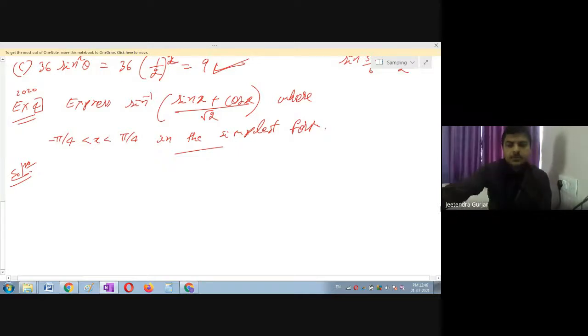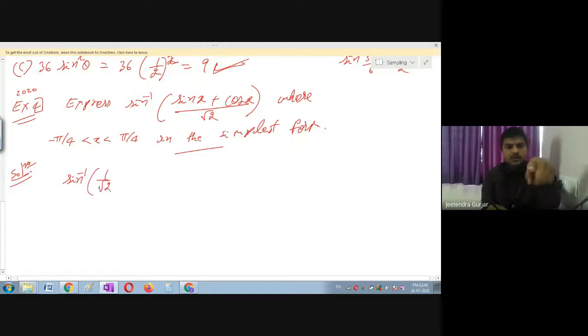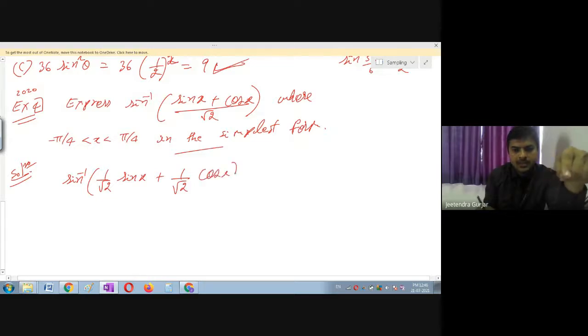You have to first write down the question and basic simplification will be done. So easily you can take here sine inverse, and I will write this as 1 upon root 2 sin x plus 1 upon root 2 cos x. Right. So just simplify this.